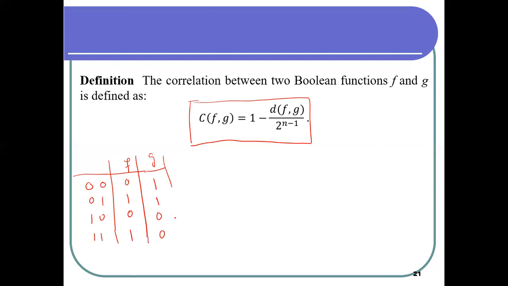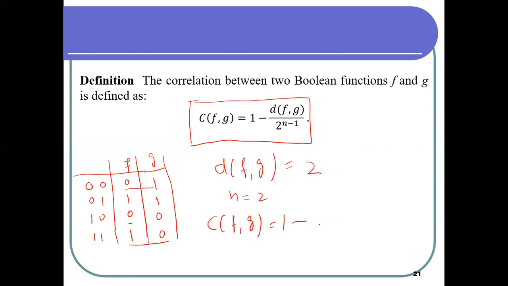The Hamming distance between f and g is the number of places where both outputs differ. In one place these are the same, and this is the second place, so the Hamming distance will be 2. Here n is 2. So the correlation of f and g is 1 minus 2 divided by 2 power 2 minus 1, and this is 1 minus 2 divided by what it would be.